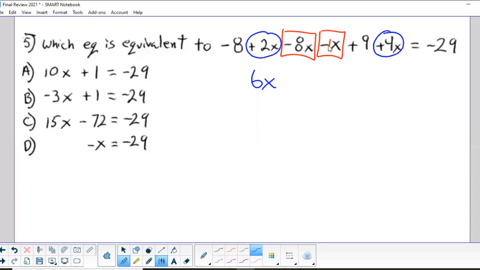That's right. A lot of people forget this other one. They forget about that. But you are correct. It is negative 9x. And then if I put together the constants, negative 8 and 9, that's right. Good job. That's 1. Not negative 1, but 1. Because 9 take away 8 is 1.